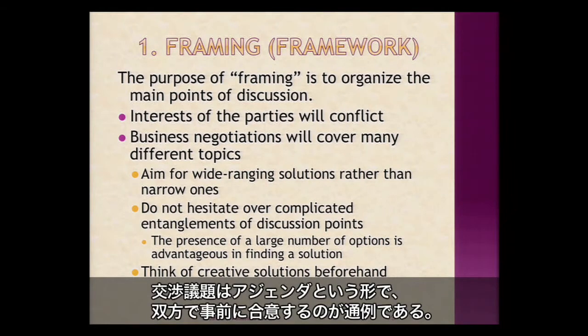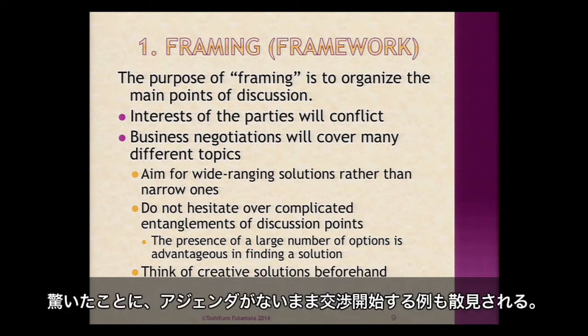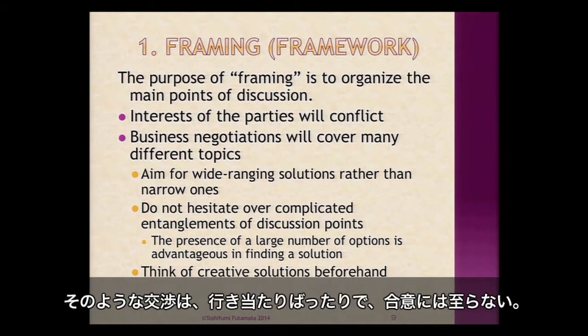It is customary for the topic of discussion or agenda to be agreed upon beforehand by both parties. Surprisingly, sometimes the negotiation begins without a clear agenda. Such negotiations are haphazard and in a very difficult situation.